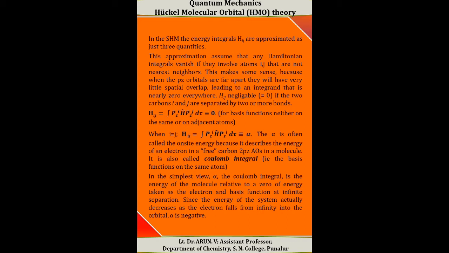In the simplest view, alpha, the Coulomb integral, is the energy of the molecule relative to zero of energy taken as the electron and the basis function at infinite separation. Since the energy of the system actually decreases as the electron falls from infinity into the orbital, alpha is negative. That is, the value of alpha is negative.